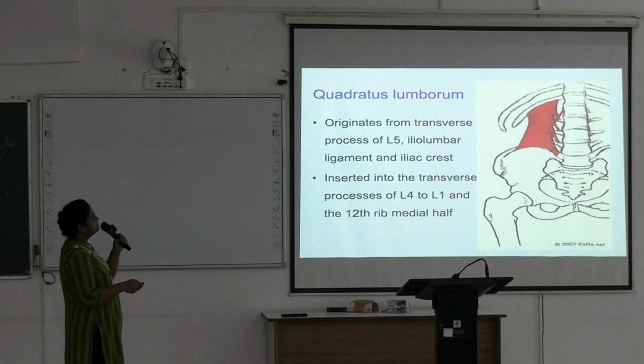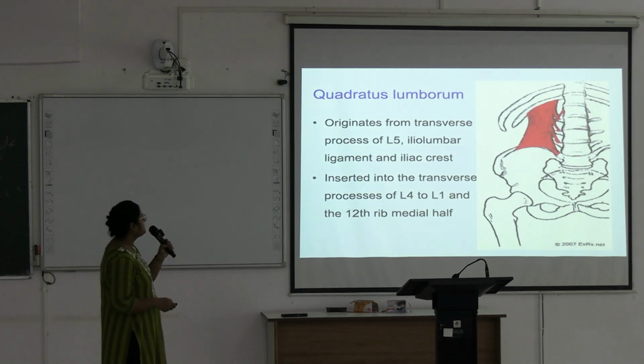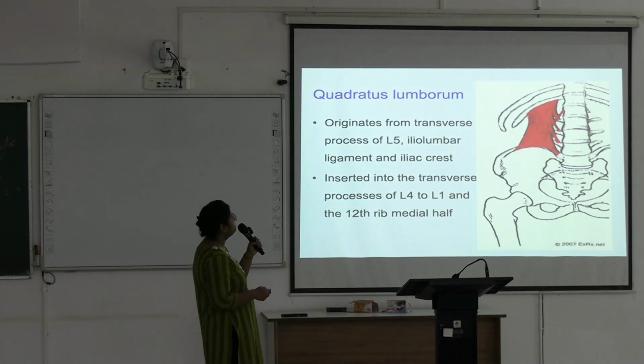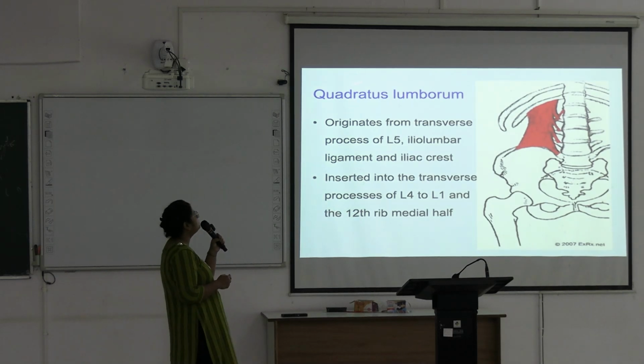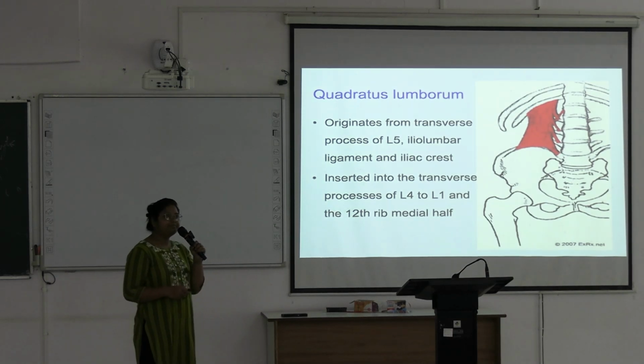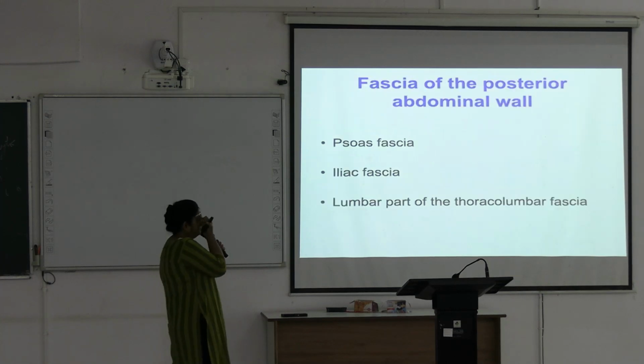So these are the insertion points, 12th rib and transverse process of L1, L2, L3. Okay, understood? So it is quadrangular shaped and lying in the lumbar region. That's why the name is given quadratus lumborum. Okay. Next.